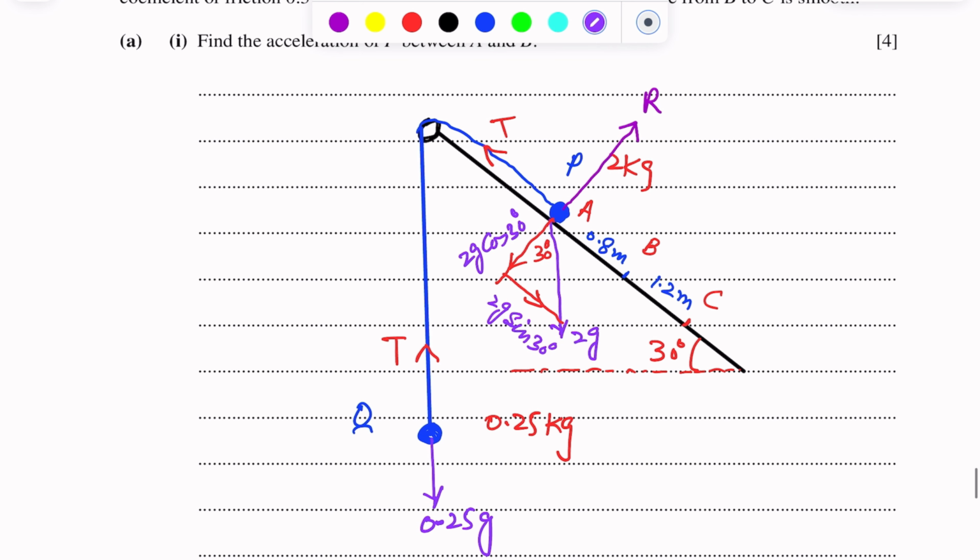Now we have mentioned all the forces acting on particles P and Q.